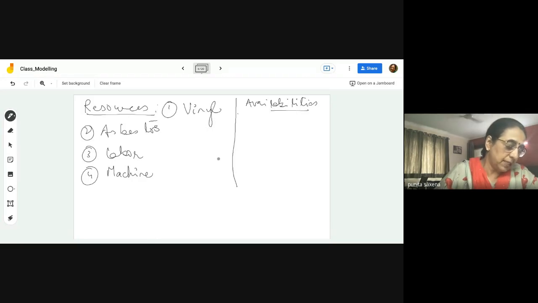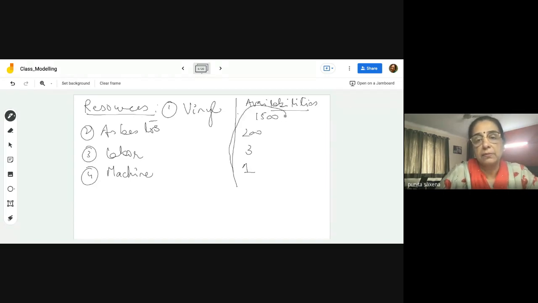It says that on a particular day, only 1500 pounds of vinyl are available, 200 pounds of asbestos are available, and after talking to the labor people, only 3% days of labor are available for use per day. The trimming machine is available for only one machine day on a given day. So these are your availabilities.